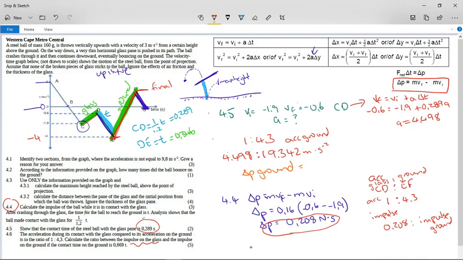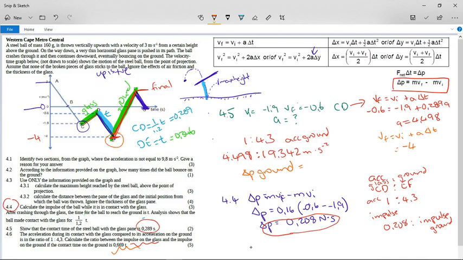Okay, so if the contact time on the ground is 0,669, we're still going to be using this Vf equals Vi plus A delta t. They've told you the contact time on the ground is 0,669. So it started here at -4 when it was hitting the ground first.